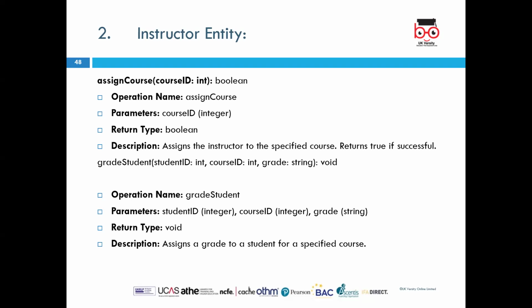Again, assign courses. Check if this statement is true or false. Operation name, then we have parameters which will be added as integer, and our return type again is a Boolean. By description, we're going to assign the instructor to a specific course. It will return true if successful.